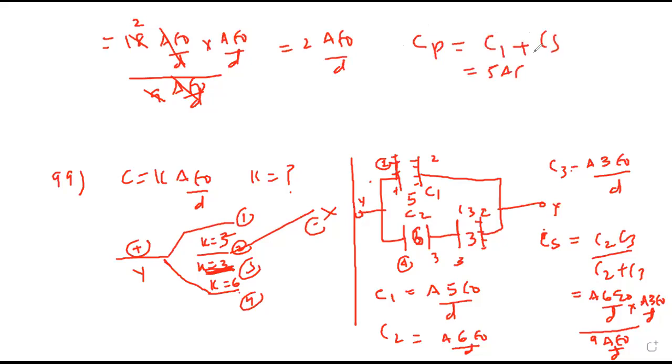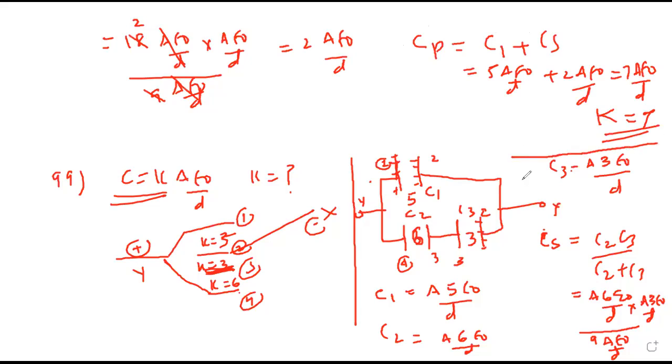C1 is 5A epsilon 0 by D plus 2A epsilon 0 by D. That will be 7A epsilon 0 by D. If I compare with this, K will become 7. Answer K is 7. Anybody who has not followed?